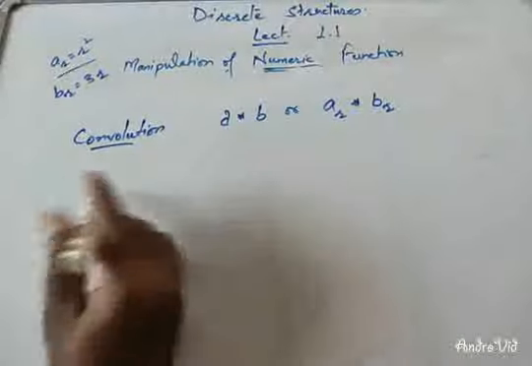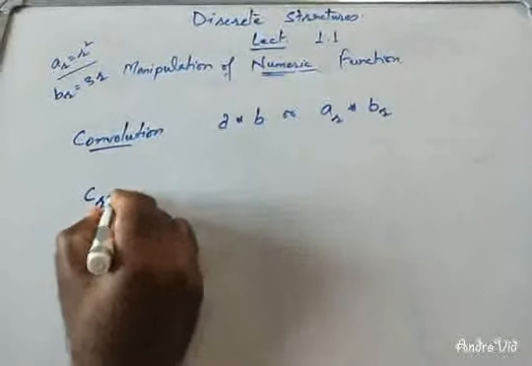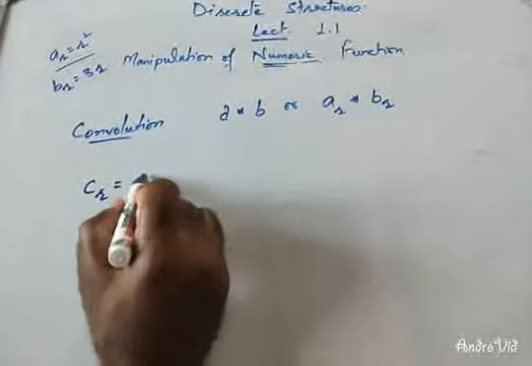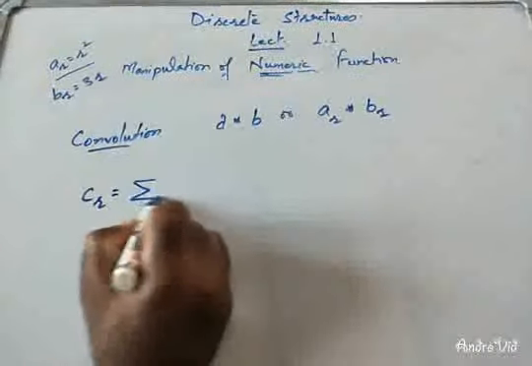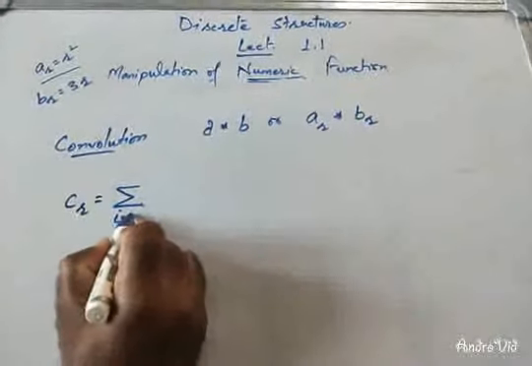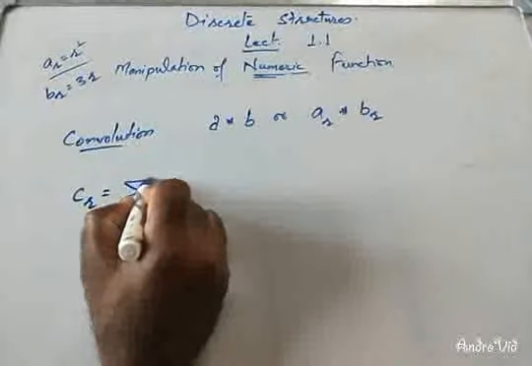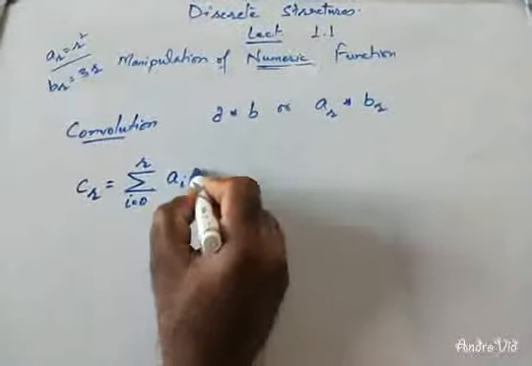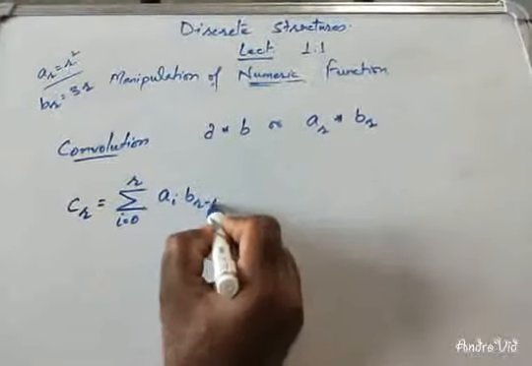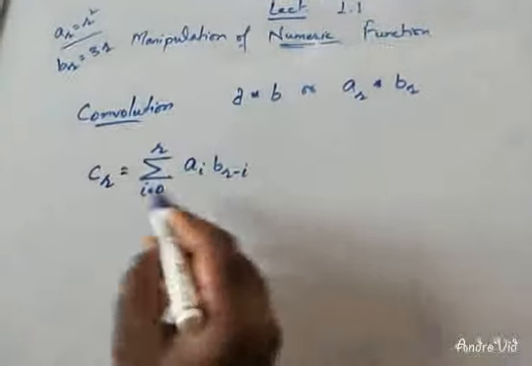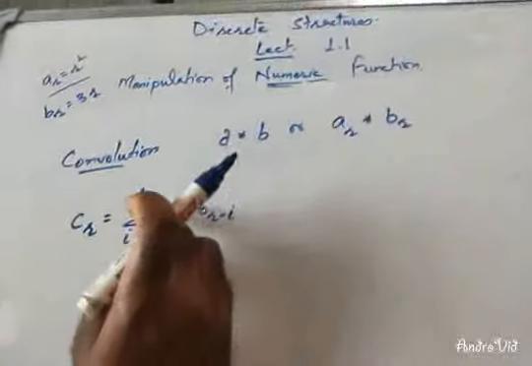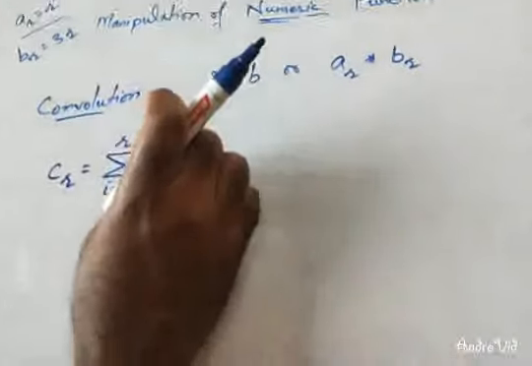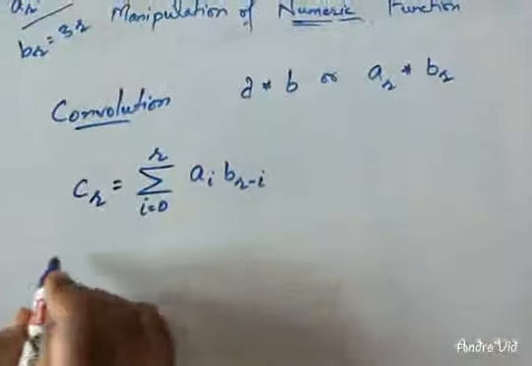So convolution will generate another function CR with the help of sigma I equals 0 to R of AI B R minus I. So it might seem a bit complex, but you will see that it is not that complex.